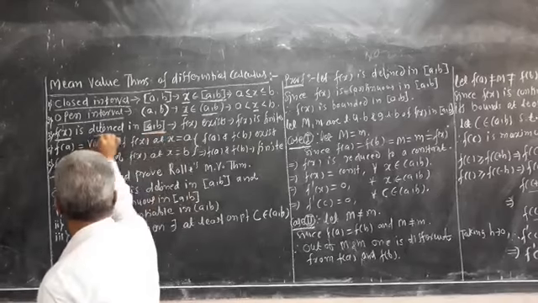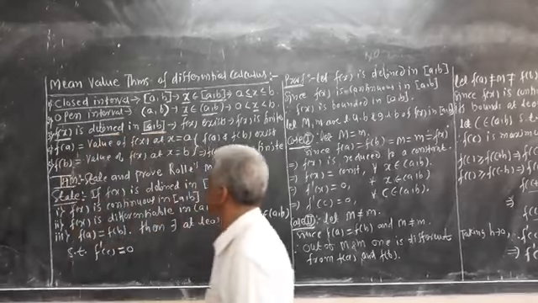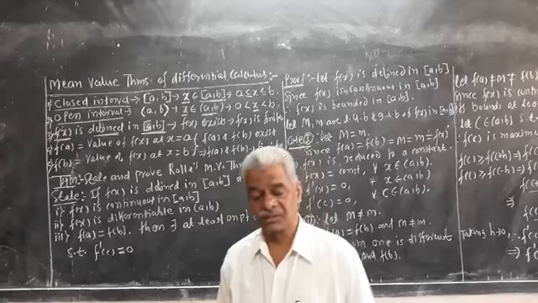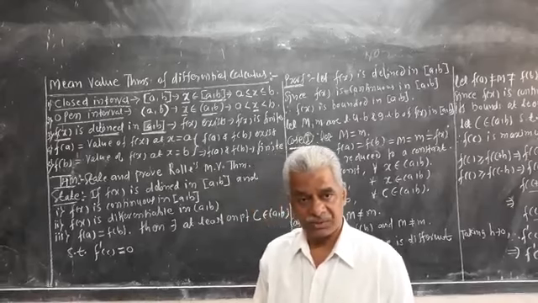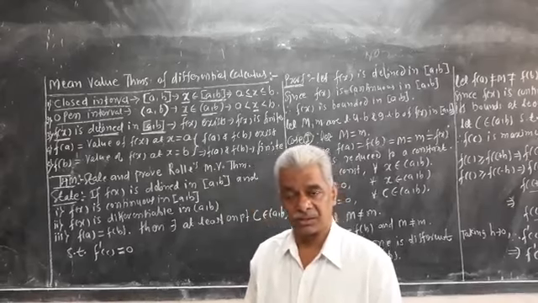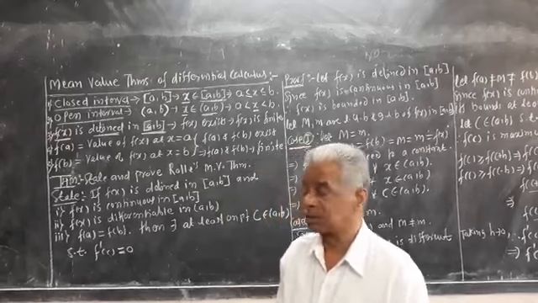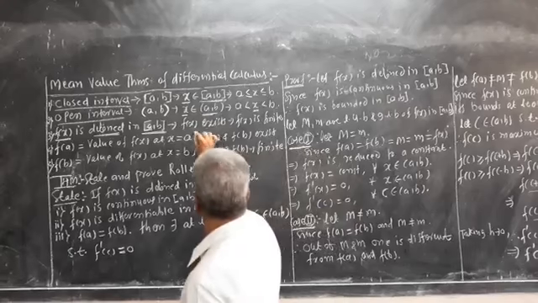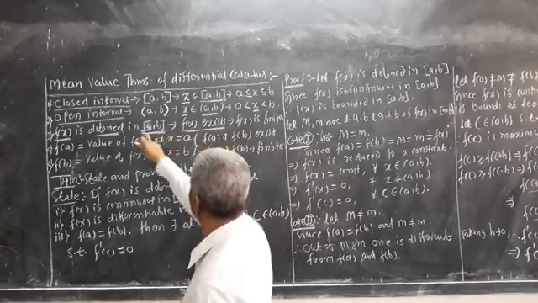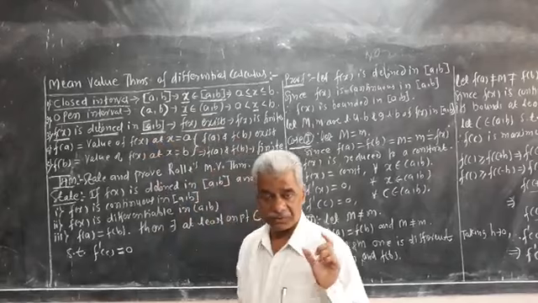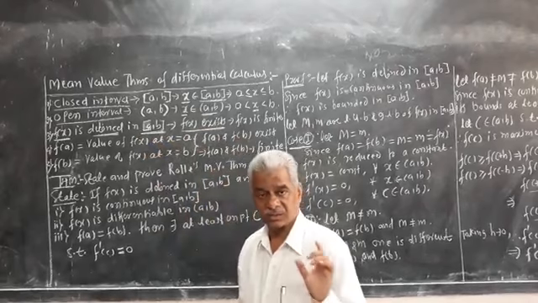What is meant by f of x is defined in the interval AB? It means that f of x exists in AB.